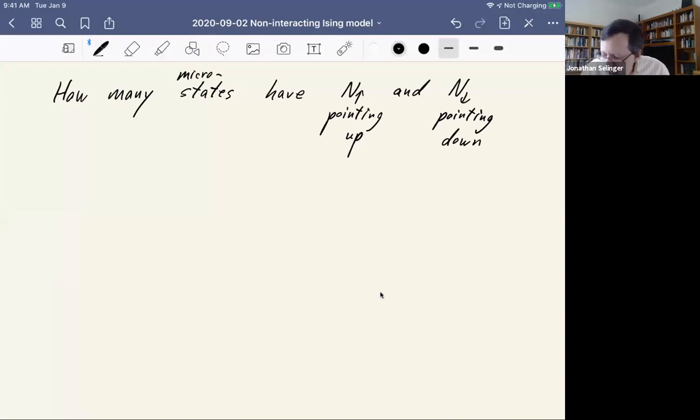This is a combinatorial question. If I have n spins in the whole lattice, I want to partition the n spins into a group of up spins and a group of down spins. How many ways are there to put n up of the spins in this group and n down of the spins in that group?